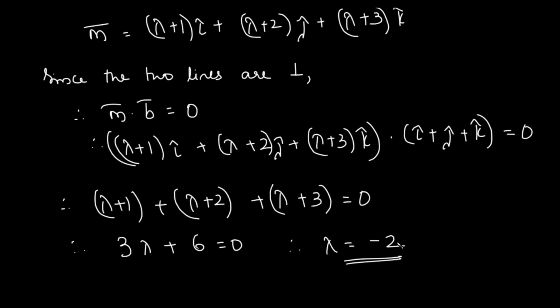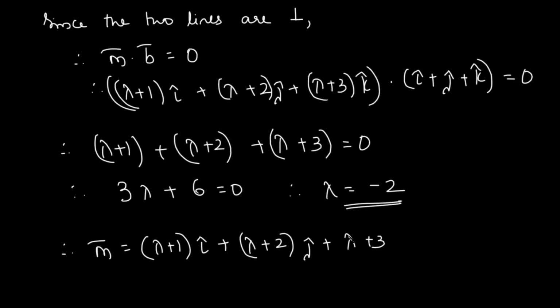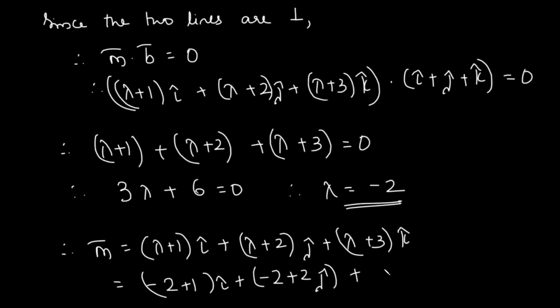That means, what are the coordinates of M, or M bar can be given as, now M bar is (lambda plus 1)i plus (lambda plus 2)j plus (lambda plus 3)k, which comes out as (minus 2 plus 1)i plus (minus 2 plus 2)j plus (minus 2 plus 3)k.